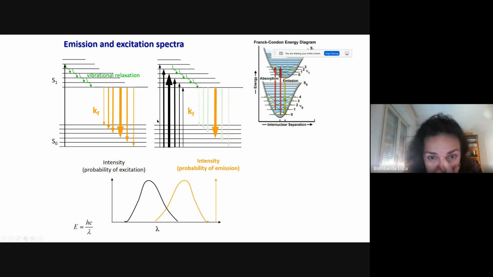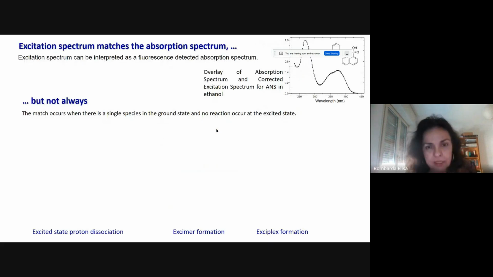So this is practically the probability of excitation in order to observe the fluorescence at a very specific wavelength. Of course it's similar to absorption, but as we said, not always. And we see when that doesn't happen.